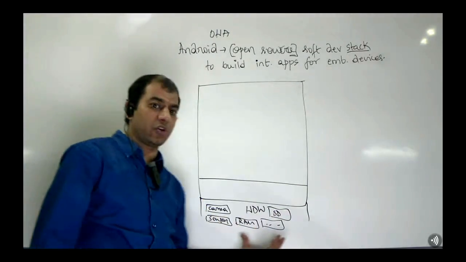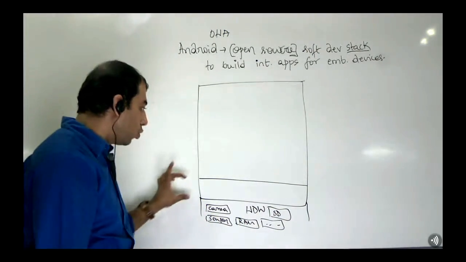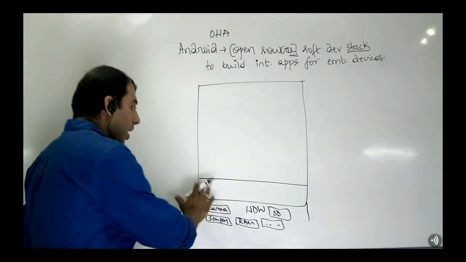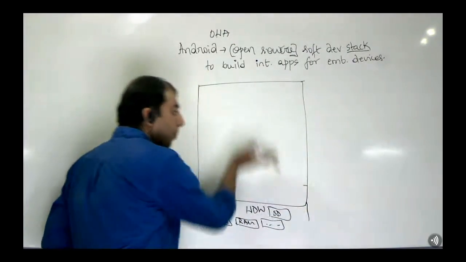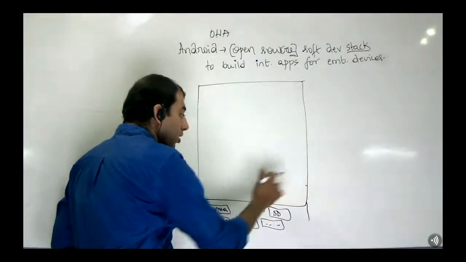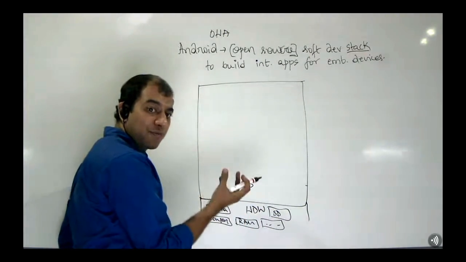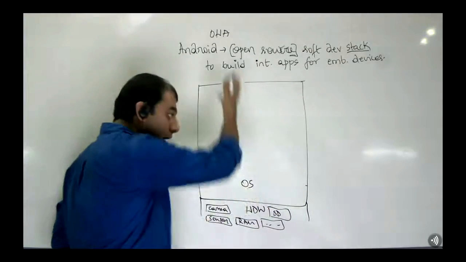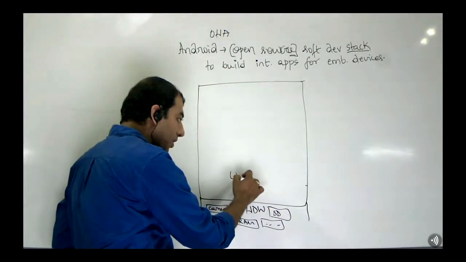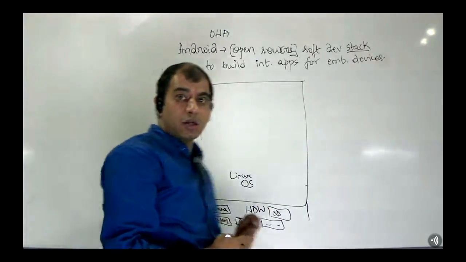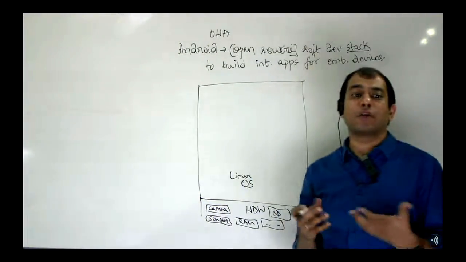All the hardware which is at the lowest level. But now, who manages the hardware for us and exposes its services to the top layers is nothing but your OS. And what OS is the heart of your Android platform, Android stack, is your Linux OS, right? So Android is nothing but a flavor of Linux, right?